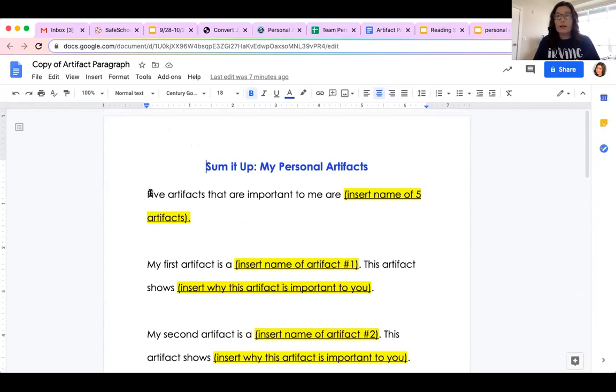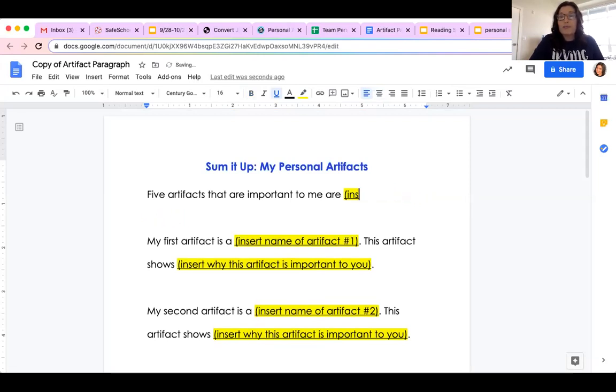For our introduction sentence, it says, 5 artifacts that are important to me are, and then highlighted, insert name of 5 artifacts. So for this, all you have to do is double tap on your iPad so you can see your cursor, and you will delete the highlighted section and add in the name of the 5 artifacts that you chose.